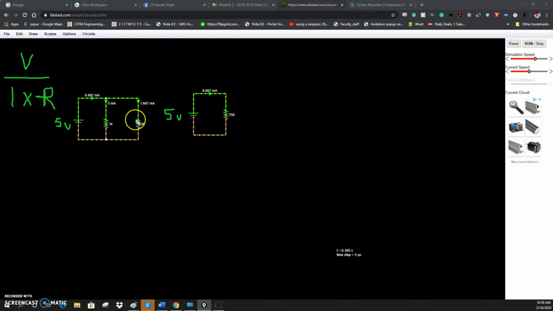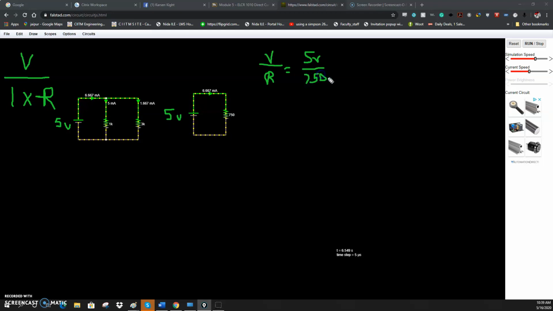And we can come up with total current, which we've got right here. So if we say I, which is V over R, that's going to equal 5 volts over 750 ohms here.